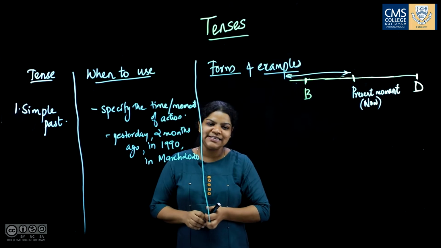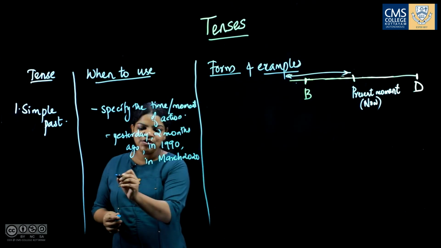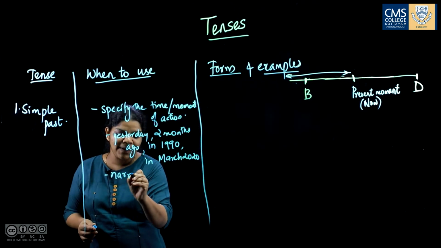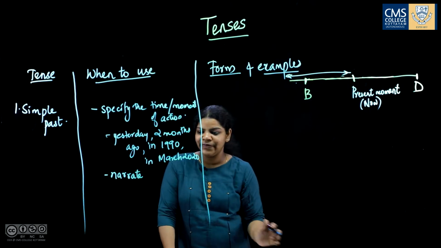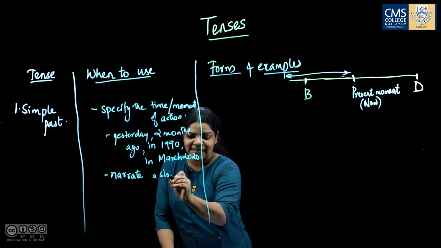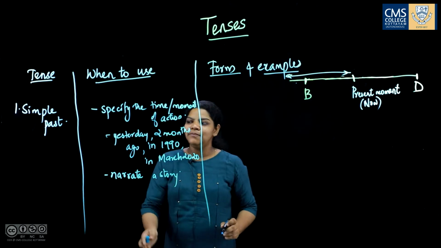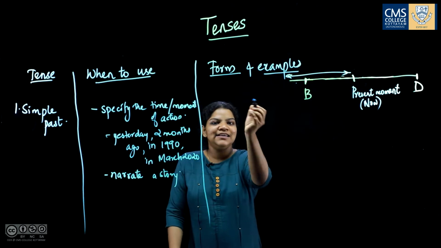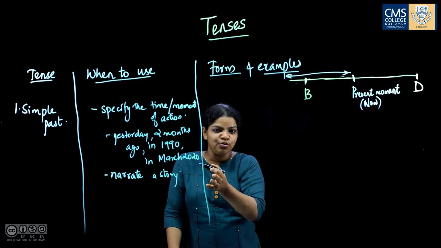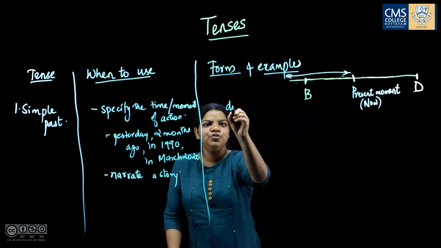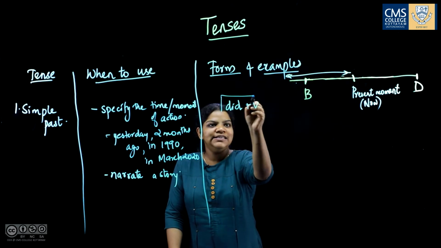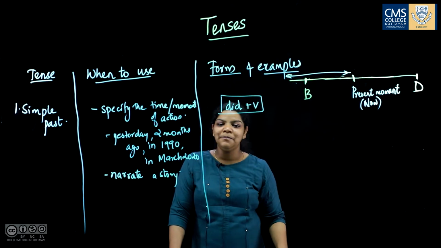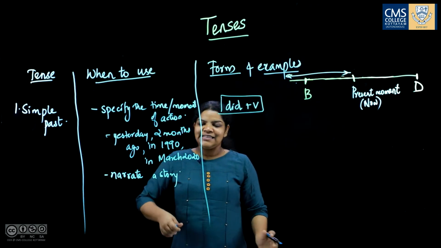Now, when do we use a simple past tense? When you want to narrate a story in the past in a direct chronological order, we use simple past. Remember, the simple tense takes the forms of do. So in the past tense, the form of do is did plus the verb. So this is the form for simple past tense. Let's take an example.